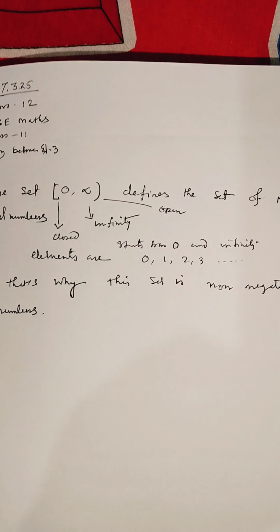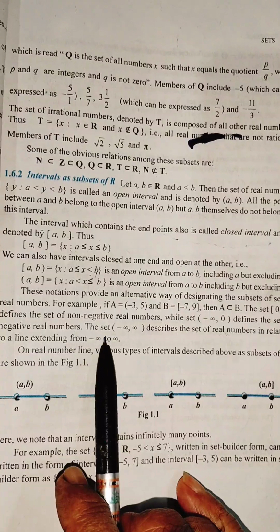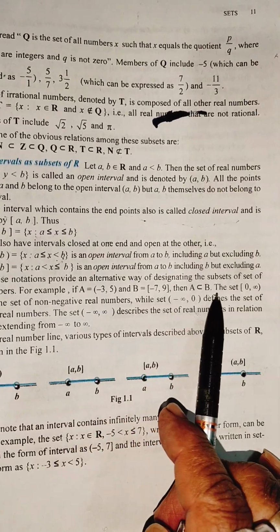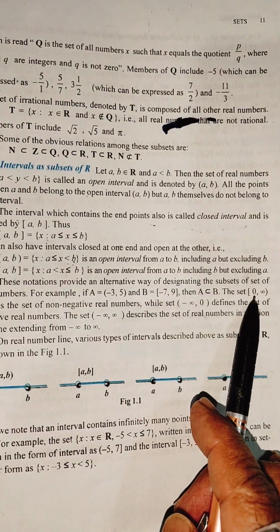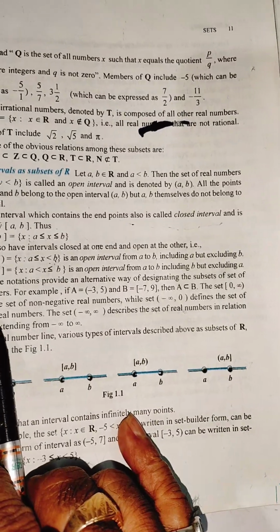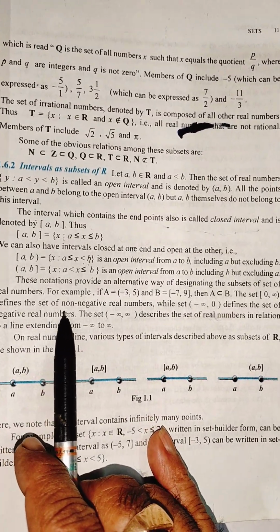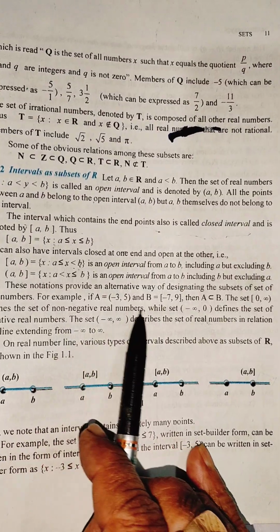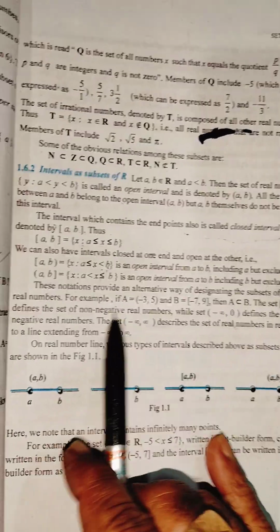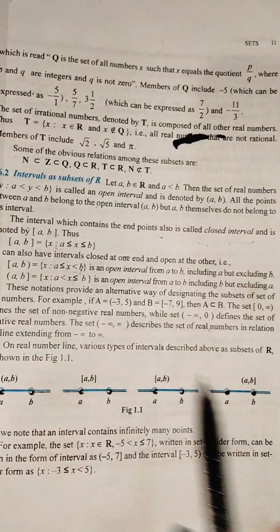Yes. Next. Now the next point: while the set 0 to infinity defines the set of non-negative real numbers, the set minus infinity to 0 defines the set of negative real numbers.